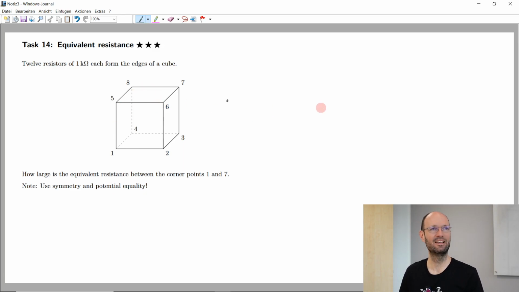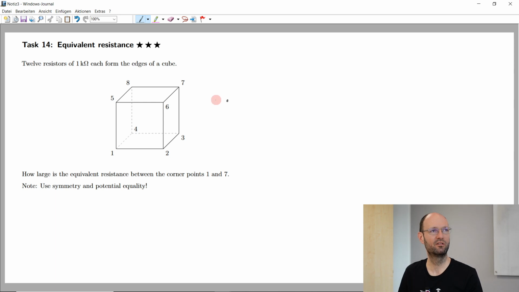So the idea is we will redraw this three-dimensional circuit. Of course, it's a two-dimensional projection of the three-dimensional circuit, so that all the resistors are horizontal, point in this direction, and current is flowing only into one direction.